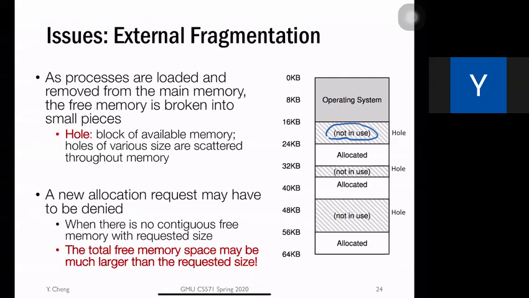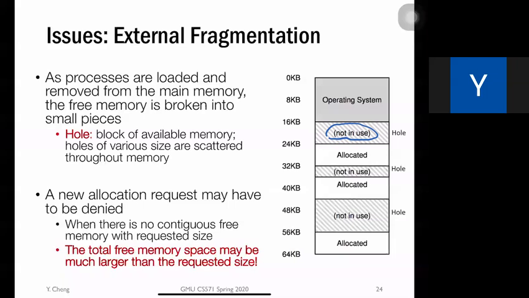Even though collectively speaking, the aggregated size of those memory holes is large enough to accommodate this new memory request, physically, each and every memory hole is randomly spread across this huge physical memory address space, so that none of them is large enough to accommodate this memory request.